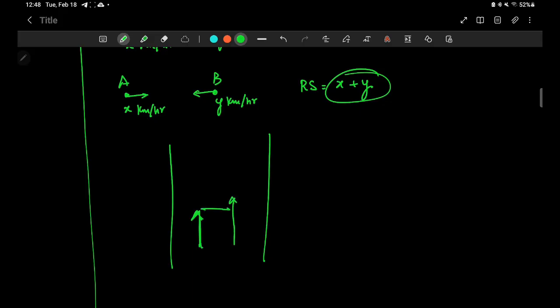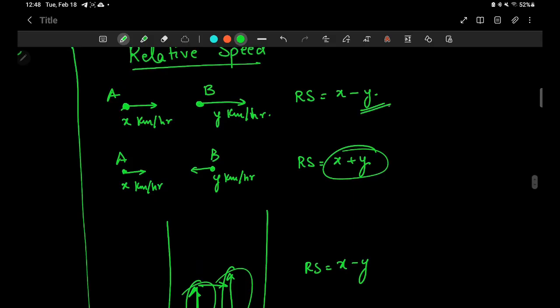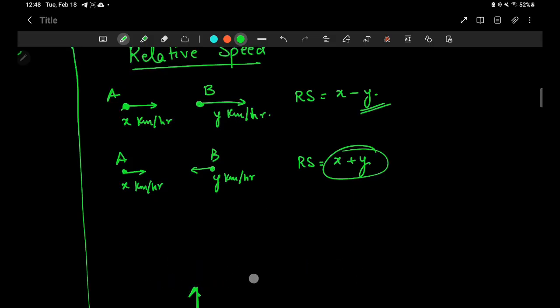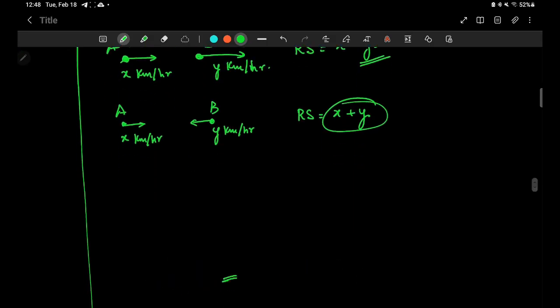If you observe this car, you will feel that it's moving very slowly because it's moving in the same direction, right? So relative speed would be this speed minus this speed. That is what is given here. This is the concept of relative speed.